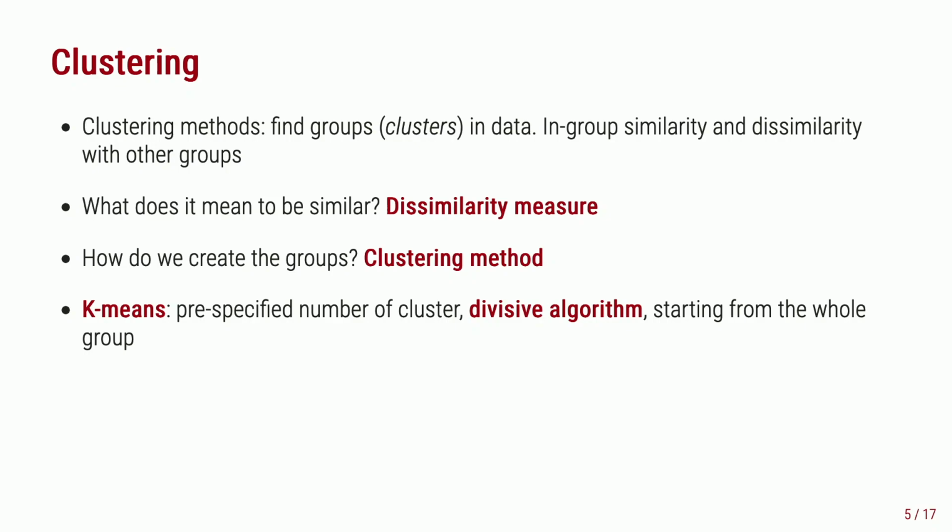With k-means you enter the data and you tell the analysis how many groups you want. So this is a decision that you have to take. And it's a divisive algorithm.